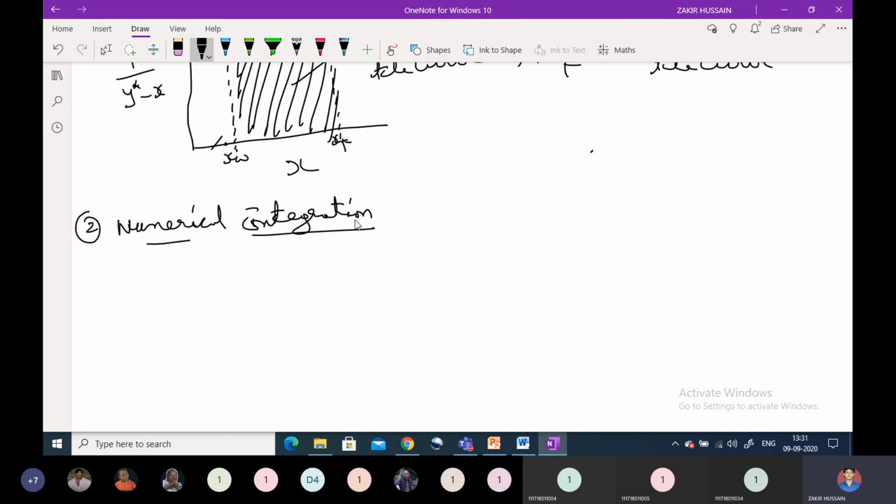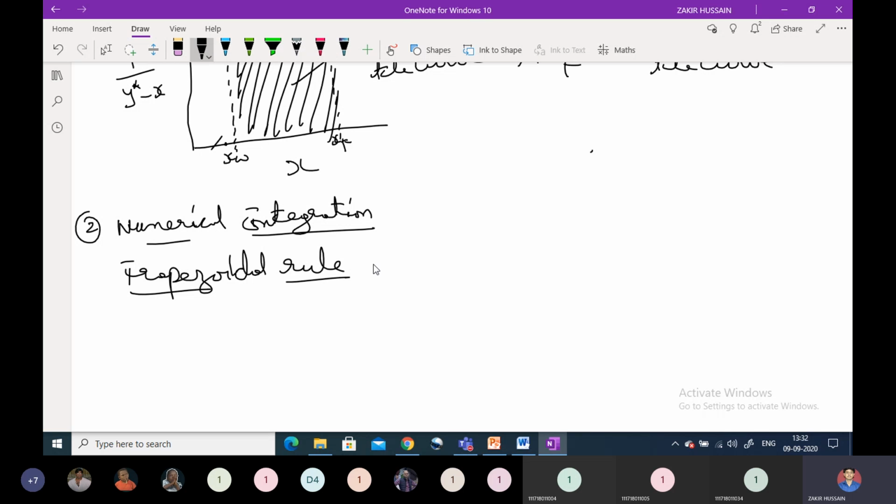If you want a simple rule, we can use the trapezoidal rule, because during the derivation of the trapezoidal rule they assume the integral as a first order polynomial. Simpson's rule is more advanced than the trapezoidal rule. The accuracy is increased because in their derivation they assume the integral as a second order polynomial.